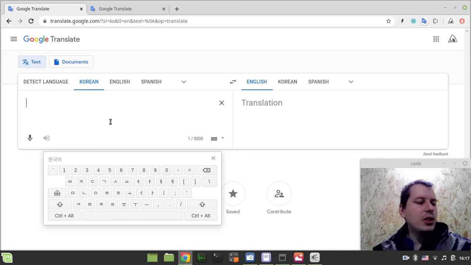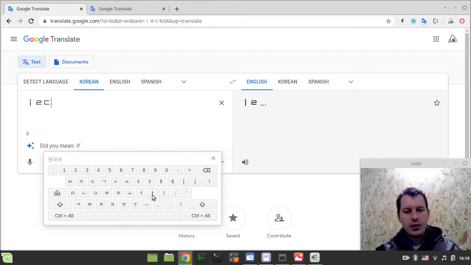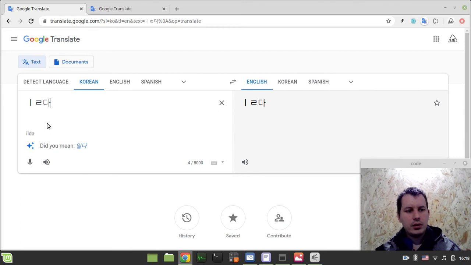I just want to give you an example. Here is my list of verbs. Let's take this one, the verb to work. In Korean this is 일다. Let's try to type this. 일다. This is the dictionary form. You remember this da. Okay, what's going on? I just forgot the placeholder. Okay, sorry.